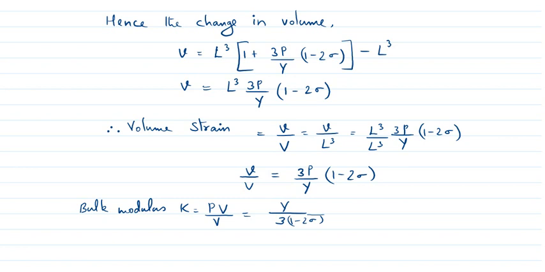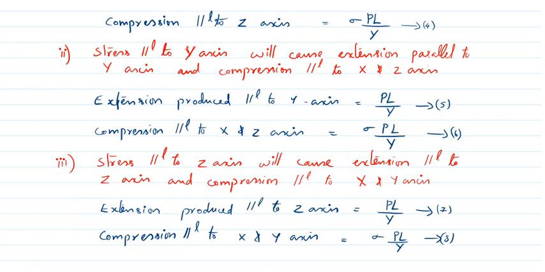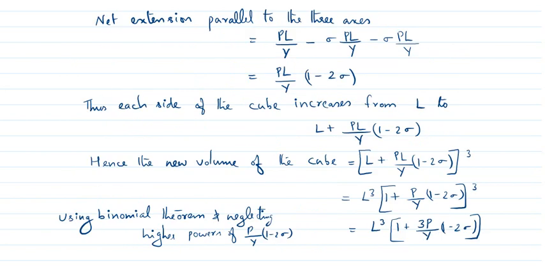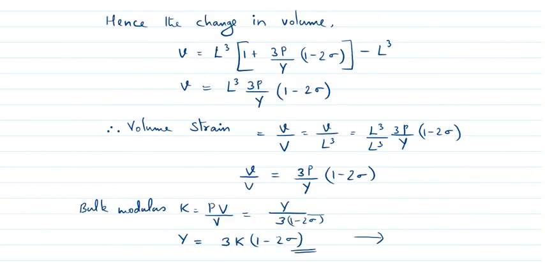Now we can write Y in terms of K like this: Y equals 3K into 1 minus 2 sigma. This is the equation that we get, equation number 9.